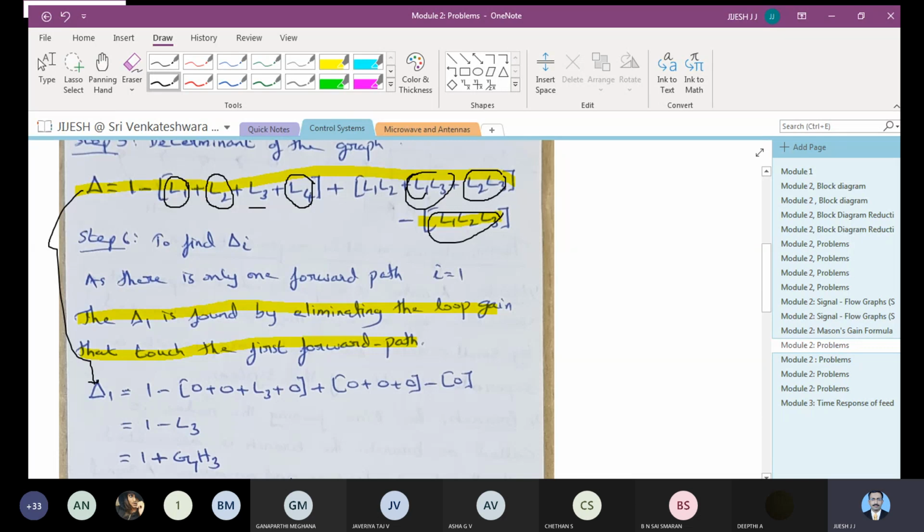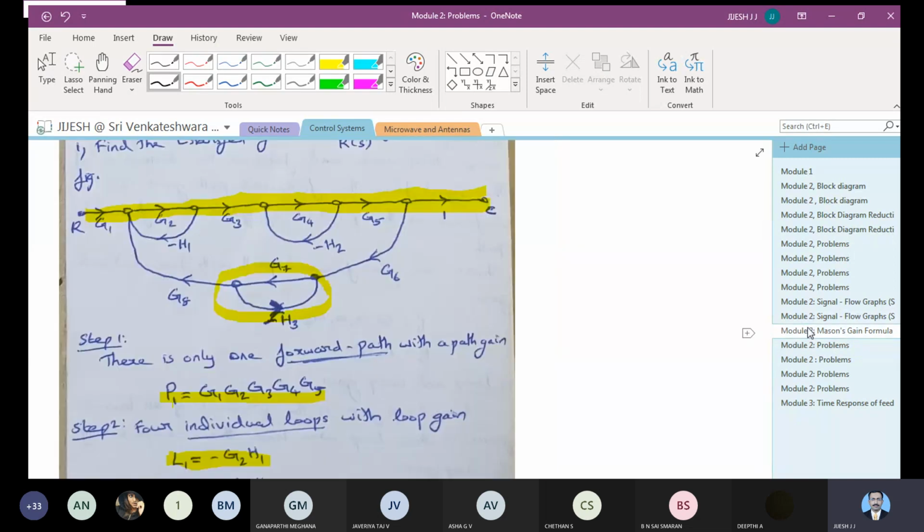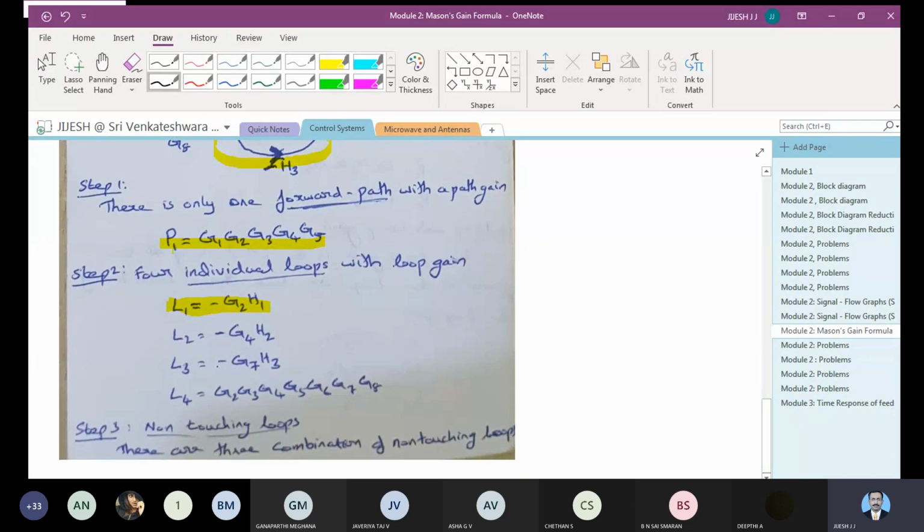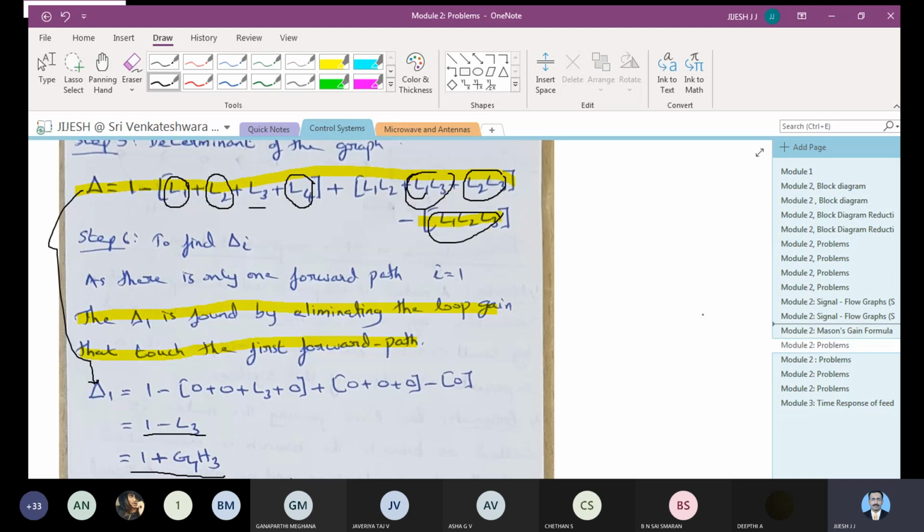So for delta 1, you have to substitute L3. So delta 1 will be 1 plus G7H3. Sorry, G7 only, no? Yes, it is G7. L3 is minus G7H3, you substitute there. So what you will get? 1 plus G7H3.